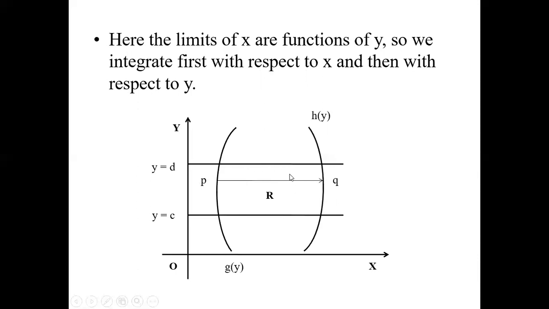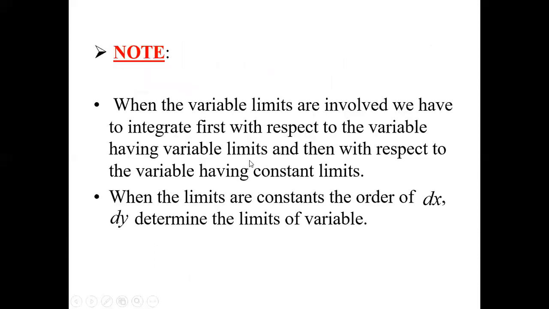Then to cover the region between these two curves and these two straight lines, we roll this PQ parallel to itself from the point y is equal to c to y is equal to d. So the entire region is covered. Here the order of integration is first with respect to x and then with respect to y. So these are the three cases where you are evaluating the double integral.